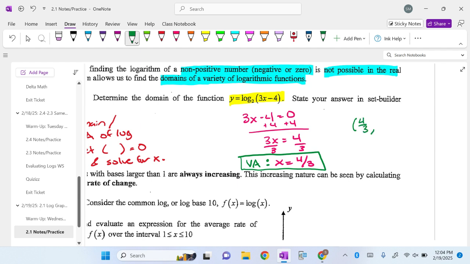And the highest, if it goes on forever, will just be infinity. So that's a way that you can figure out the domain when it's really not that obvious. Just set whatever's in the parentheses equal to 0 and solve for x. That tells you where the vertical asymptote is.